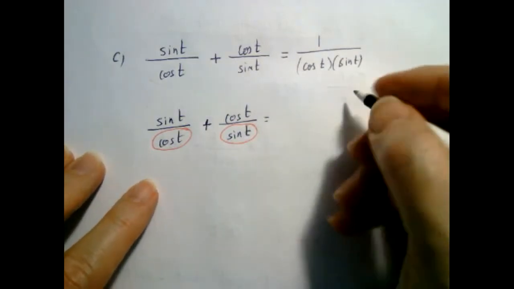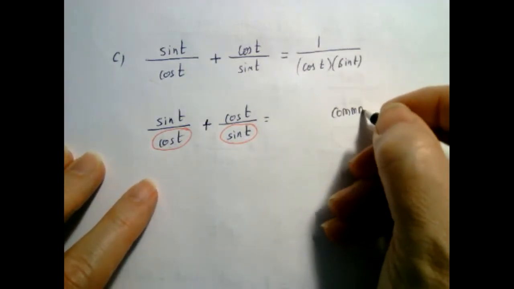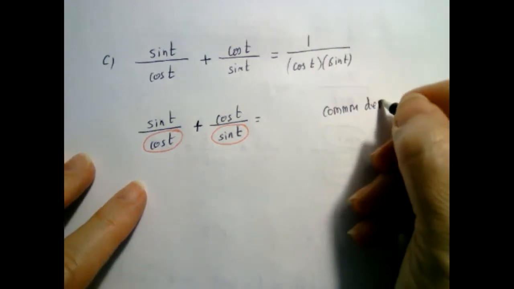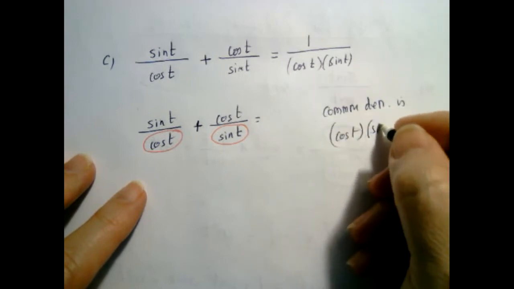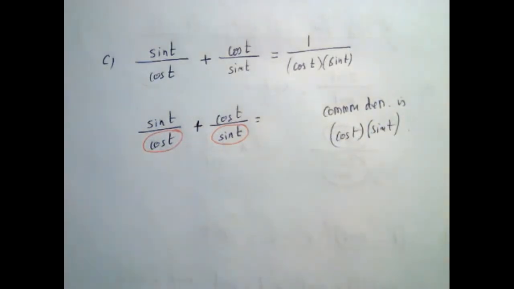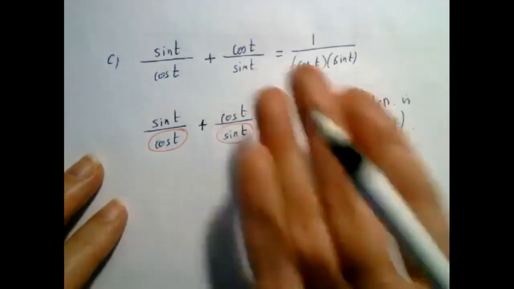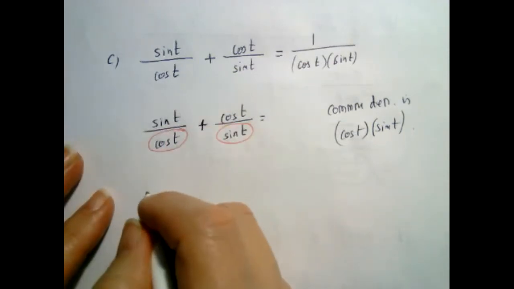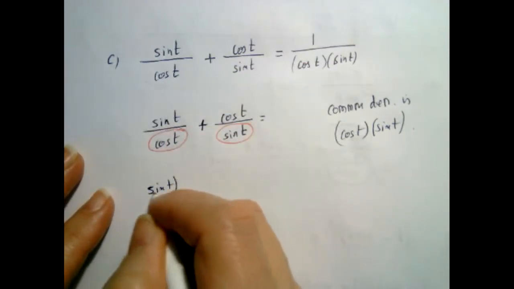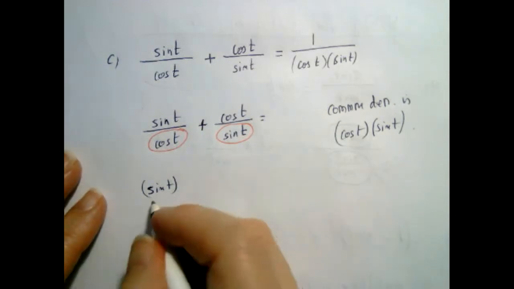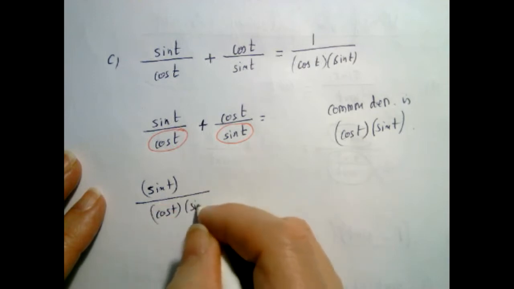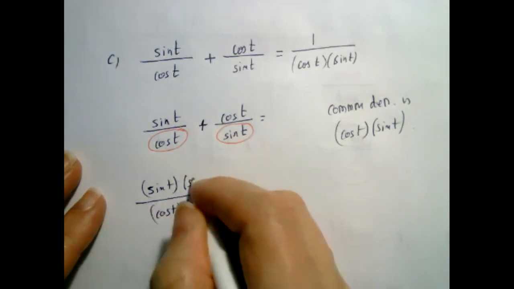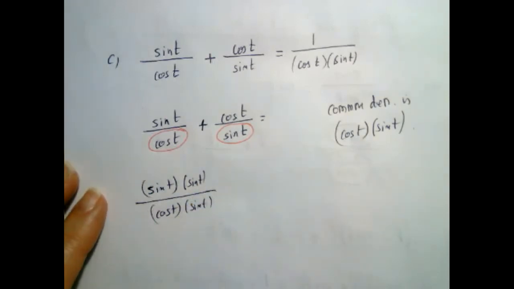So the common denominator here is the product of cosine multiplied by the sine. You just multiply the two. So that's the common denominator. Now let us put everything under the same common denominator. If this is cosine t times the sine of t, it means I have to multiply this by the sine of t.